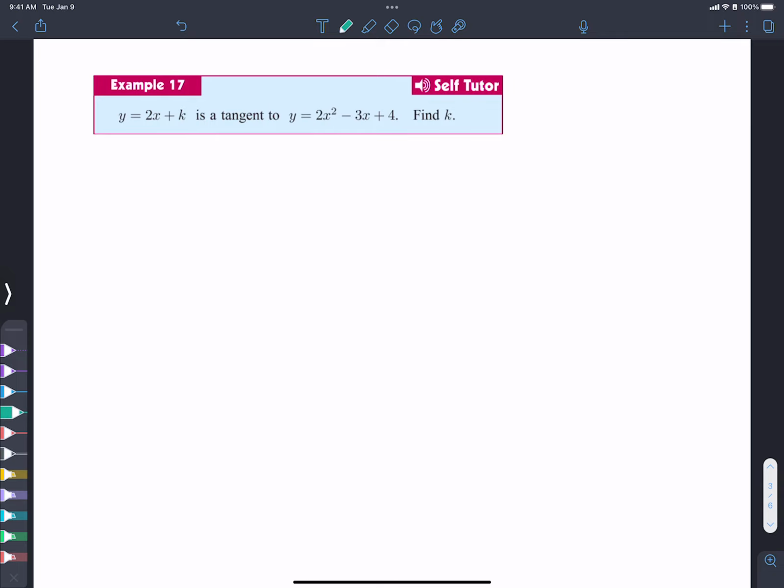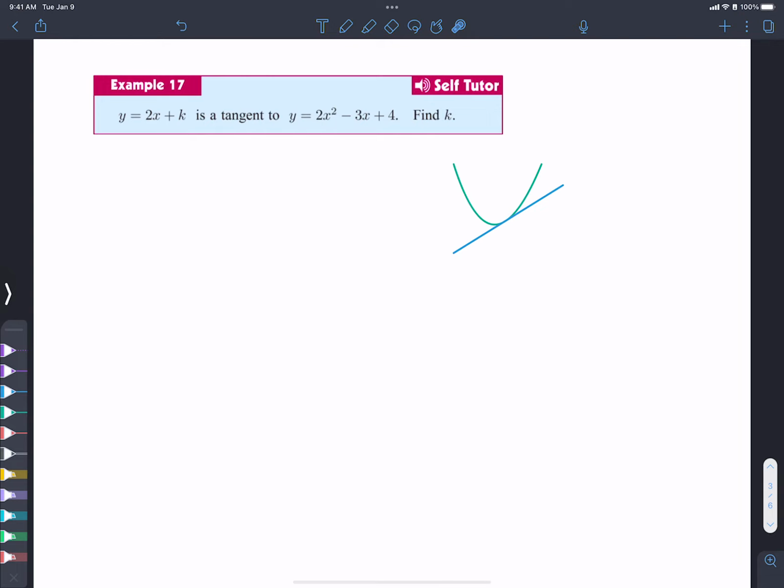I don't know what it's going to look like, but I know it's going to be a quadratic. And I've got some linear equation, and that's going to be going up. It's going to touch here somewhere because it says that this thing is tangent. So we are looking to see where the two things touch.